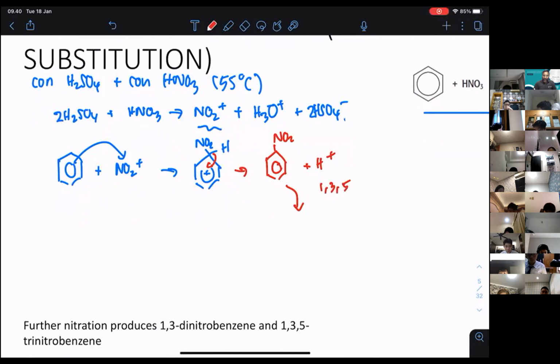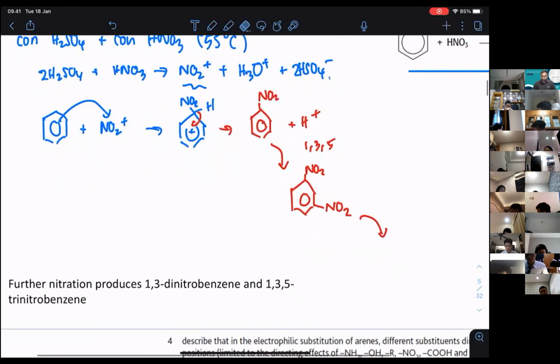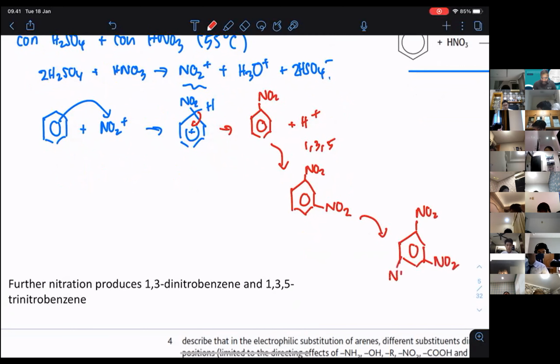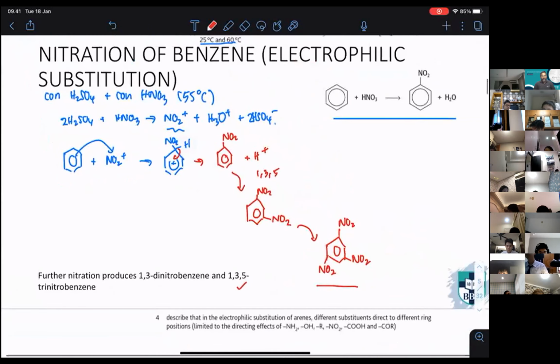So further nitration is going to happen, where the NO2 can also come at position number 3, and the reaction can continue with further nitration at positions 1, 3, and 5. So this is what they meant over here.